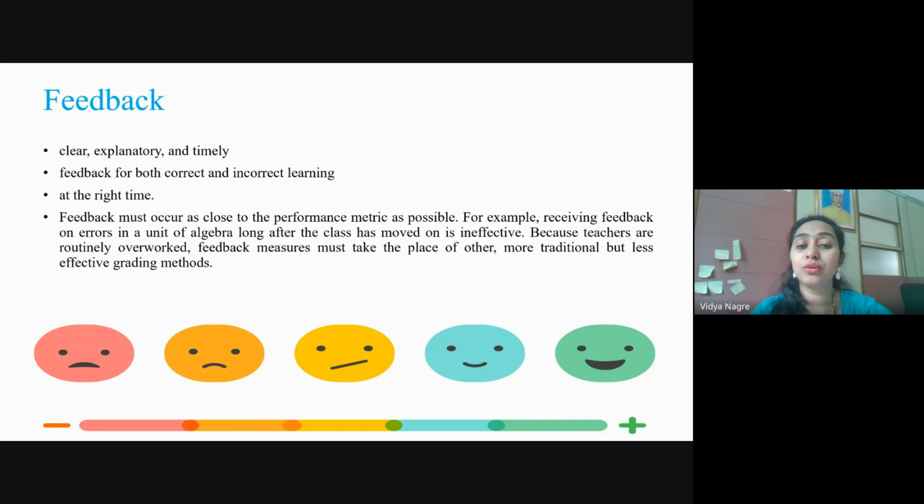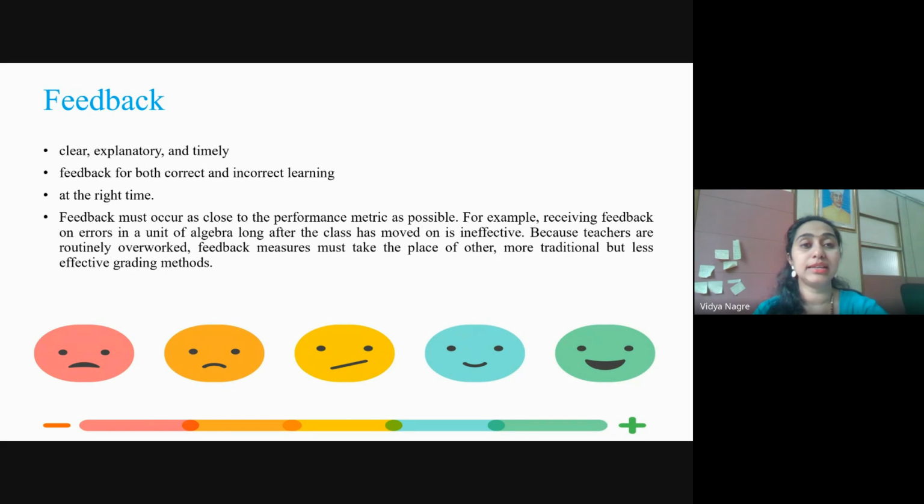If something is going wrong with the students' progress, let's say, or students' behavior, and negative feedback is given in time, then that is going to help the student remove that obstacle from their personality, and they will get time to grow better. So clear, well explained, detailed and timely feedback is very important.